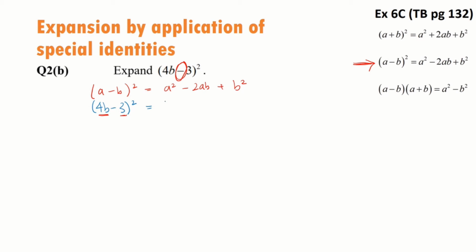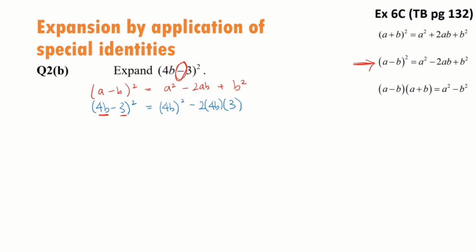So a squared is actually 4b, so we'll have bracket 4b squared minus 2 bracket 4b, and then b is actually 3. Take note that b is 3, it is not minus 3, because I do notice that in some of the answers. We have already taken account of the minus sign by taking the fact that this is a minus 2ab, so you can just drop away the minus.